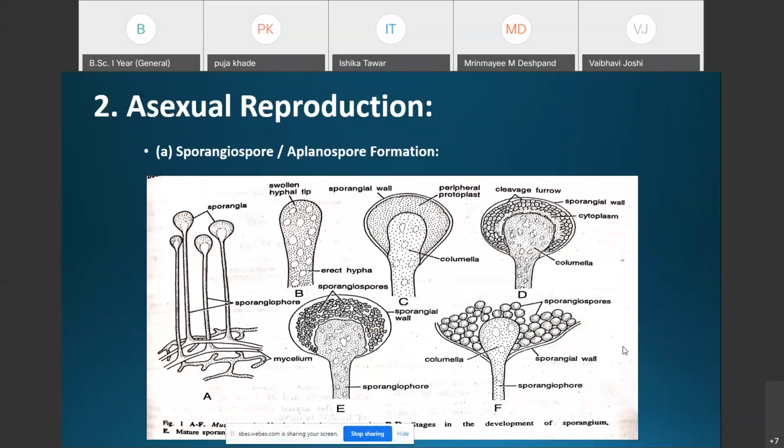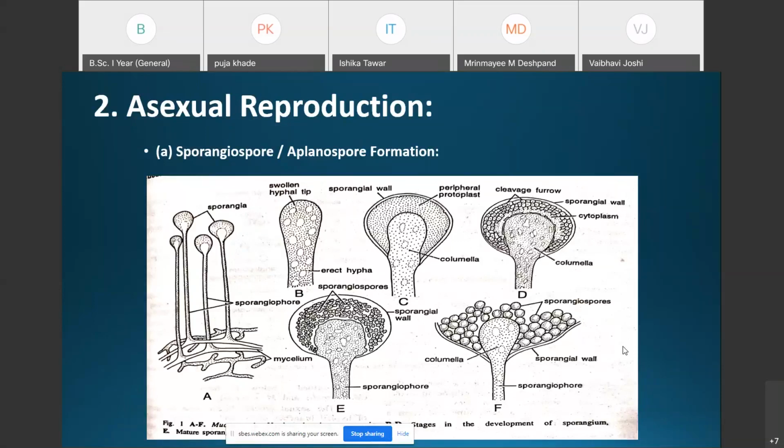Asexual reproduction in Mucor takes place by the formation of sporangiospores, which are also referred to as aplanospores. Another method is the formation of another type of spores, referred to as chlamydospores. Two types of spores are developed in Mucor during asexual reproduction: sporangiospores, also referred to as aplanospores, and chlamydospores.